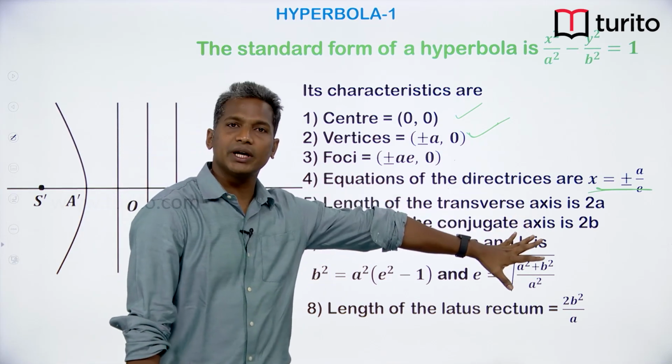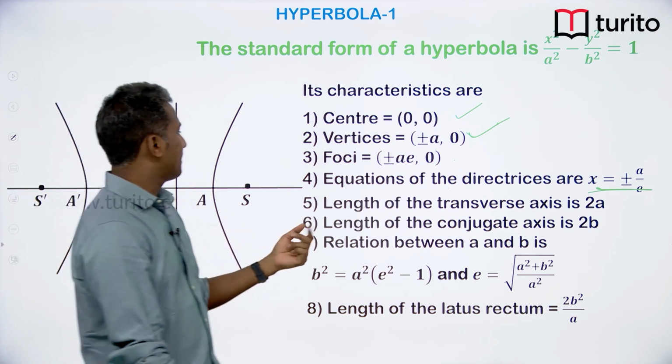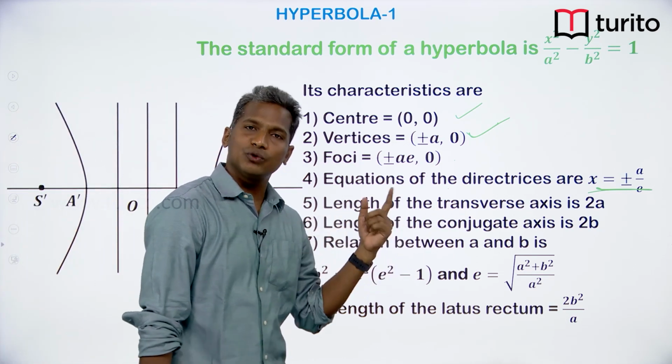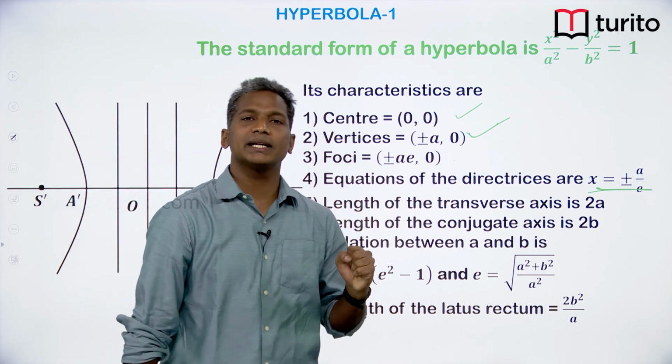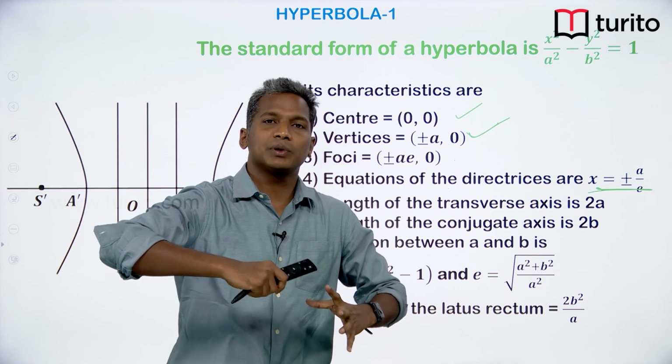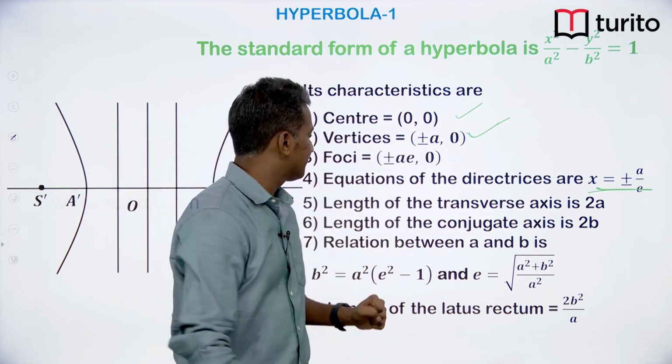Transverse axis is 2a, which is the distance between A and A dash. Length of conjugate axis is 2b, and also we have learned the importance of the length of the conjugate axis. If it is high, the hyperbola is very much stretched. If it is low, the hyperbola is compressed.